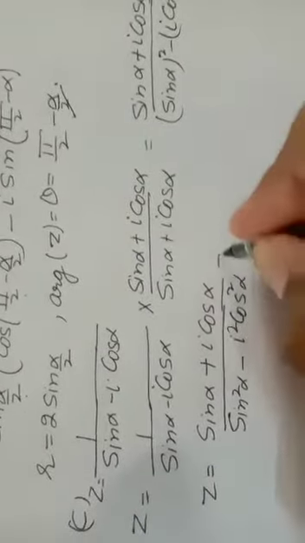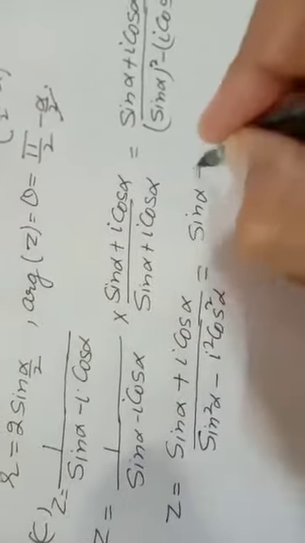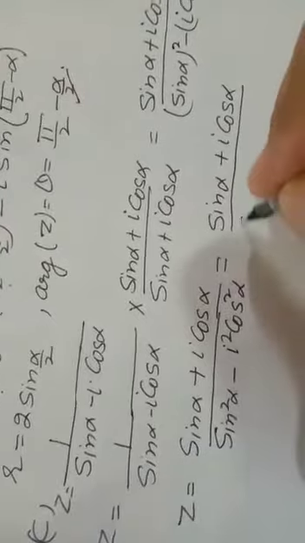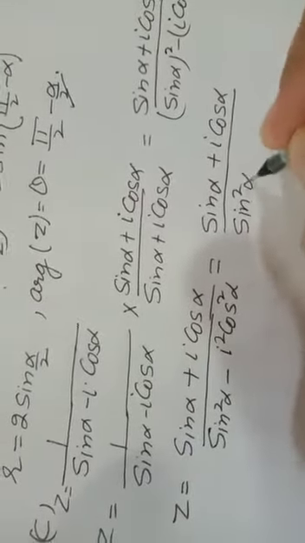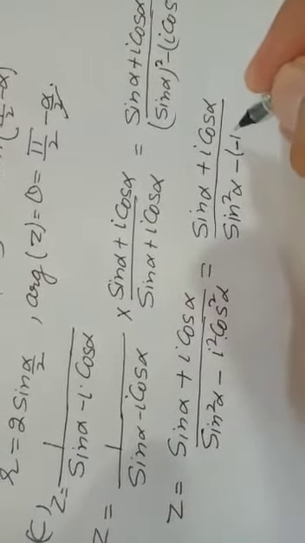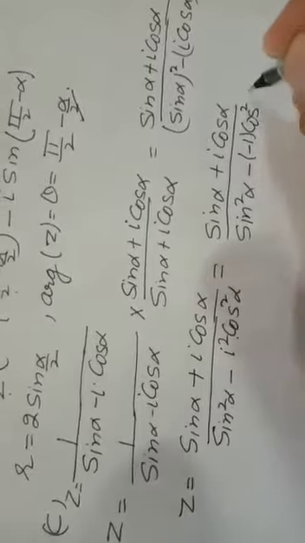We simplify this more, so it becomes sin alpha plus iota cos alpha over sin square alpha. Iota square is minus 1, so minus of 1 into cos square alpha.